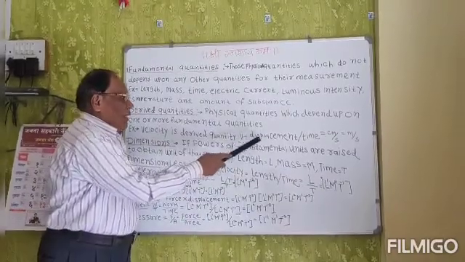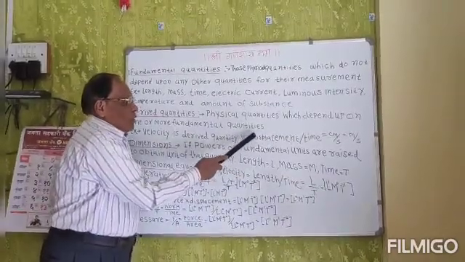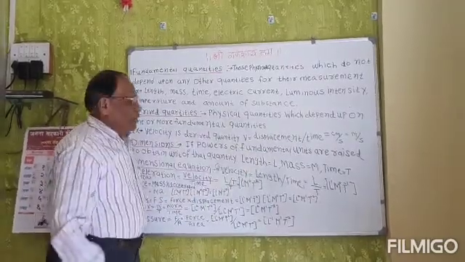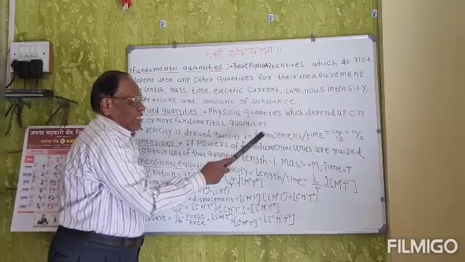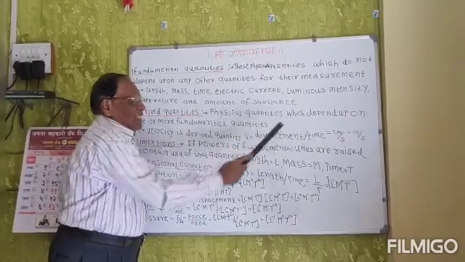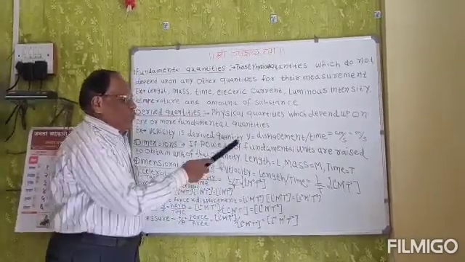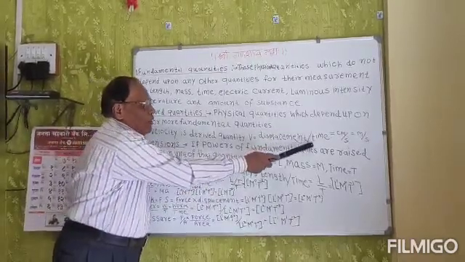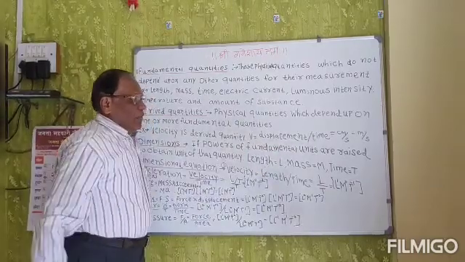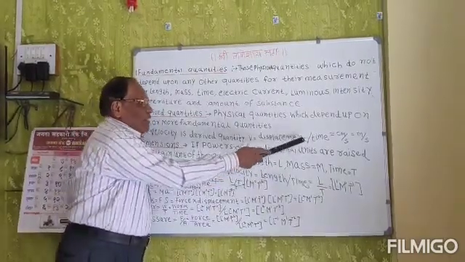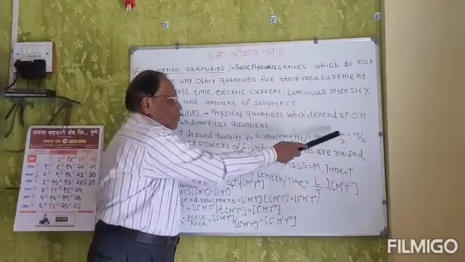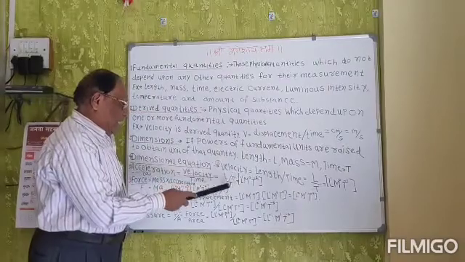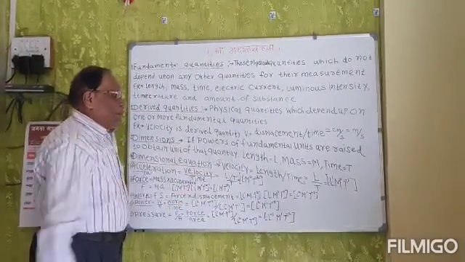Here, displacement means length and time means T. So L and T are present in this formula, and that is written as V is equal to L upon T. And further, that is written as L raised to 1 and T raised to minus 1.